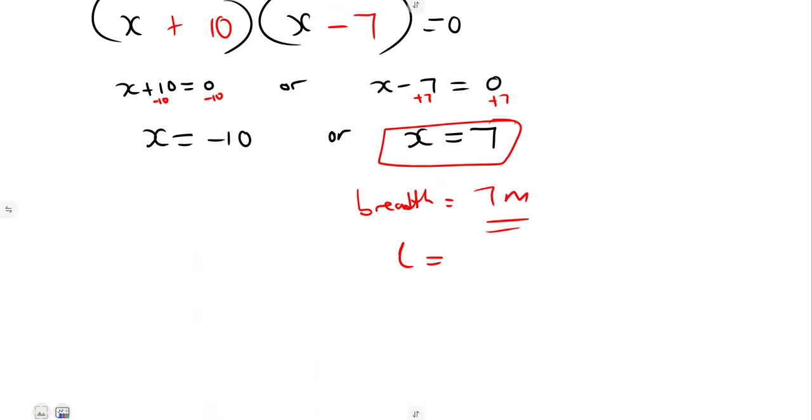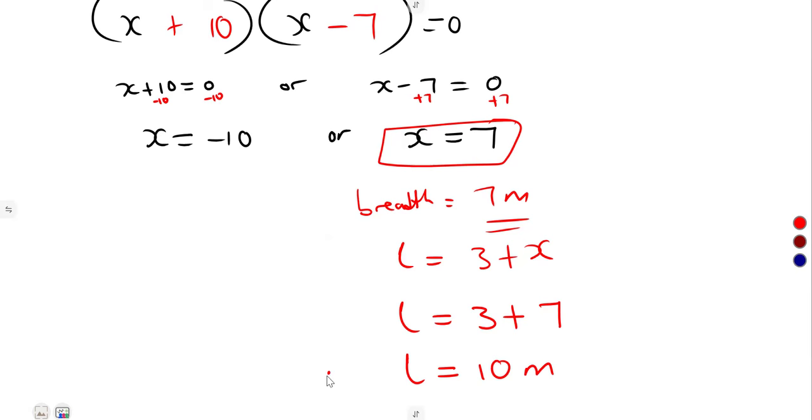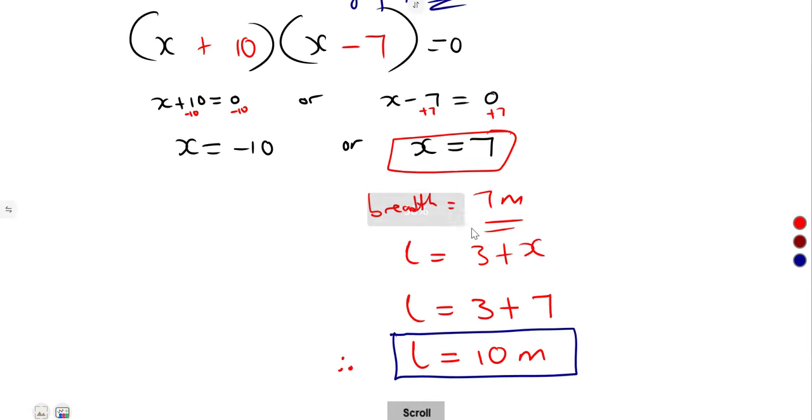So if we have x as 7, it's going to be 3 plus 7, and that's our length. 3 plus 7 is 10. So therefore, we have got our length, which is 10 meters. The length is 10 meters.